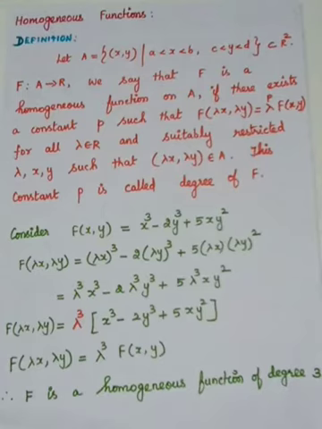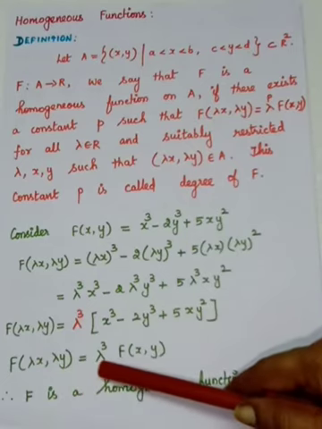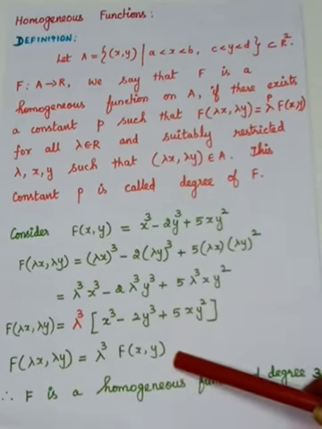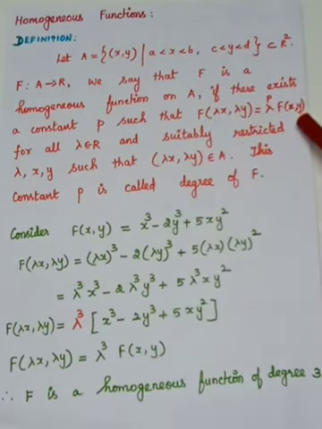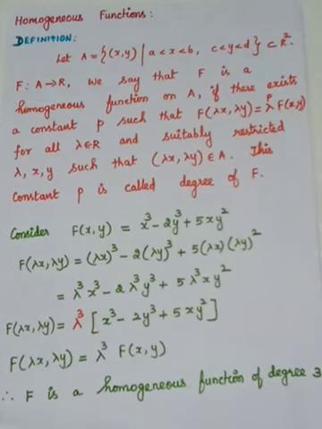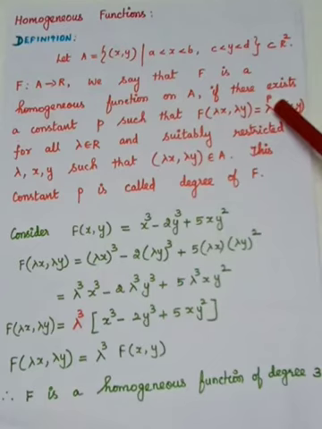You have to replace x and y by λx and λy. Then all the lambdas should be taken out and you have to get the original function back. That is, f(λx, λy) is equal to λ cube into f(x, y), or in general f(λx, λy) is equal to λ^p into f(x, y). If you can write so, the function is a homogeneous function of degree, here it is 3, here it is p. The power of λ is called the degree.